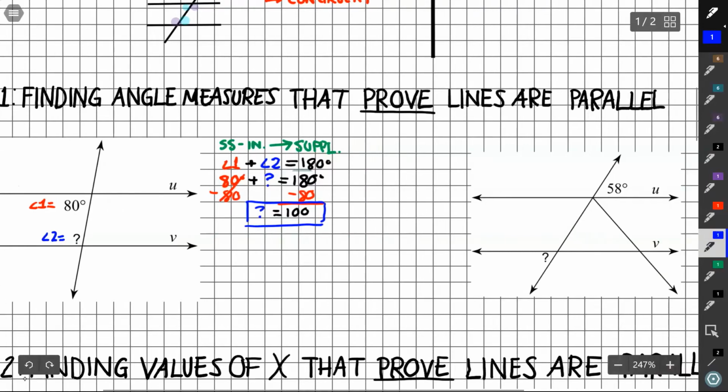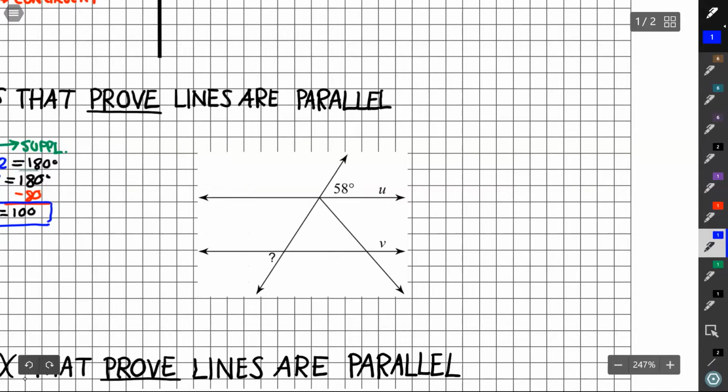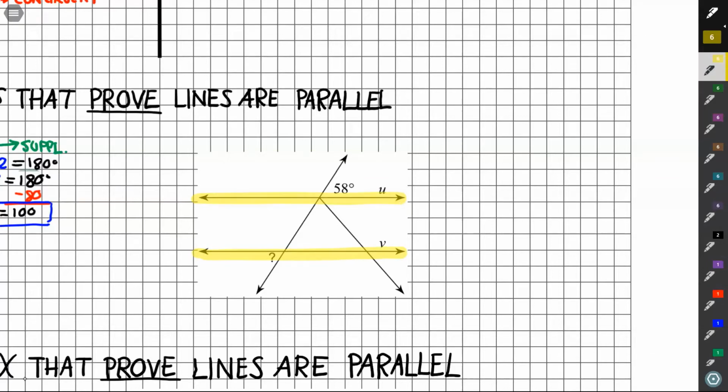All right, so we're going to look at a similar example, except now we have an extra line that we're not used to seeing. All right, so first thing I'm going to do is highlight these two lines that I want to see if they're parallel or not. All right, next thing, I have two lines here. I have this one that can be a transversal and also this one.